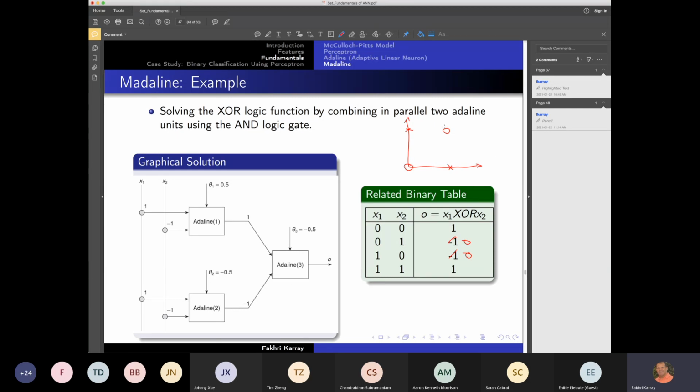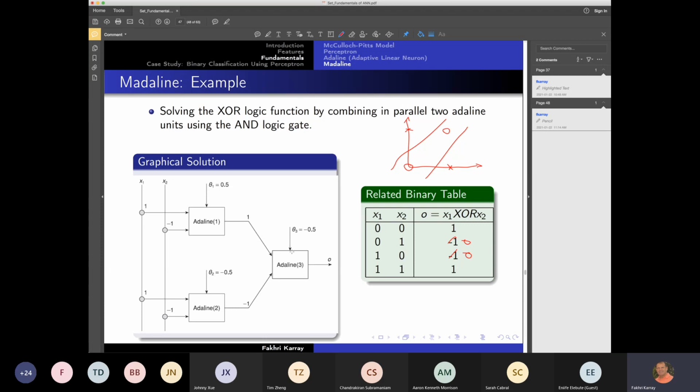So here we can see that if we are trying to draw this line, it's impossible to separate between these classes because this one is located here. If we draw this line only, we are separating this one, but this one belongs to the other class.